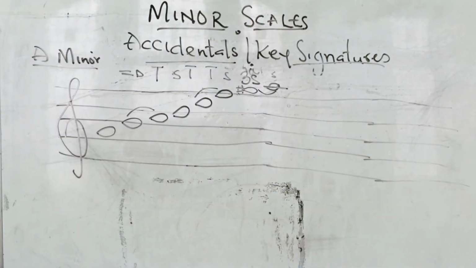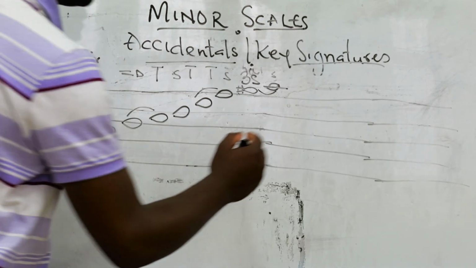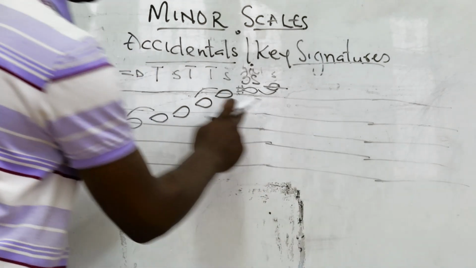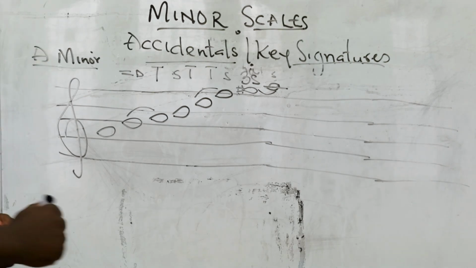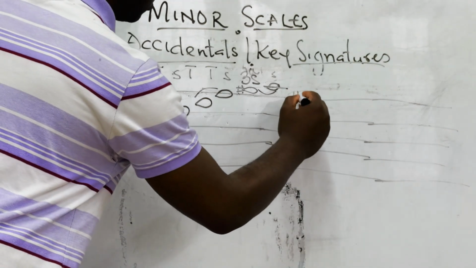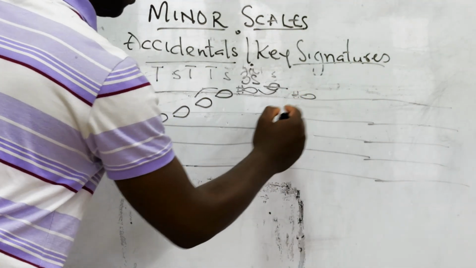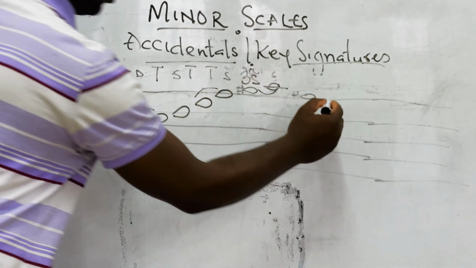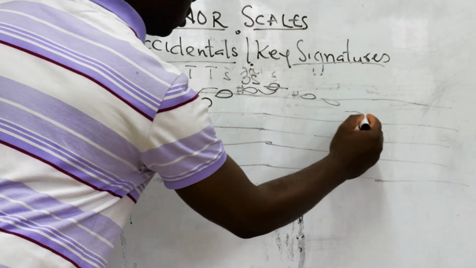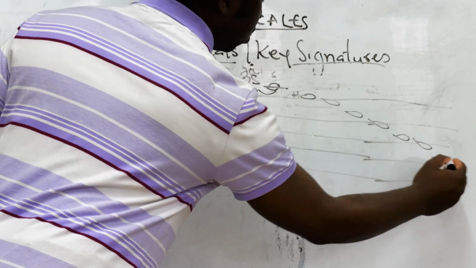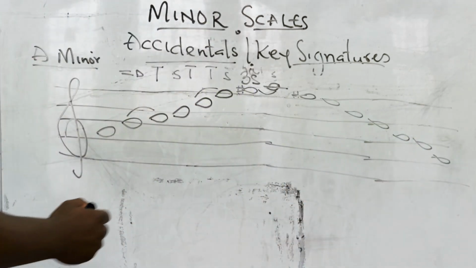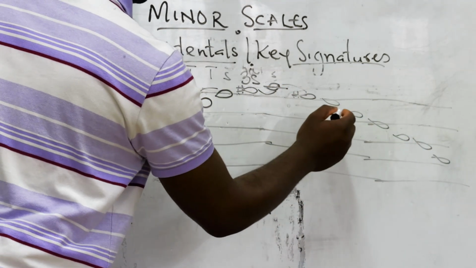Everything will be the same. So we have our sharp here, because now we are descending, and then we keep going until you get to A.